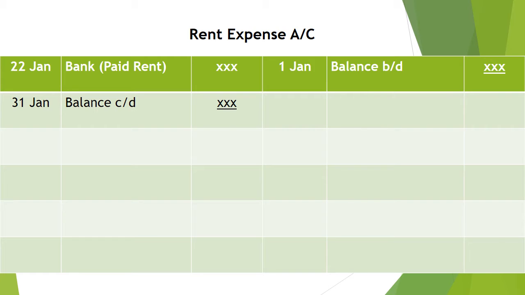And on 31st we will take the closing balance. If we have an owing balance, an accrued expense, it will be on the debit side. It will be a credit balance, a liability that will be carried to the next year on the credit side, like we have in this account.